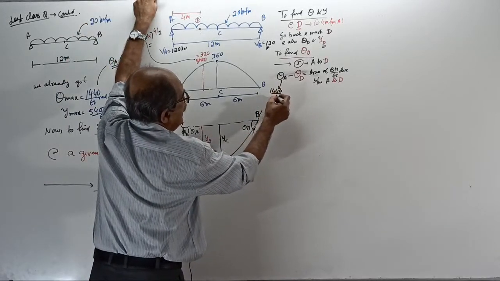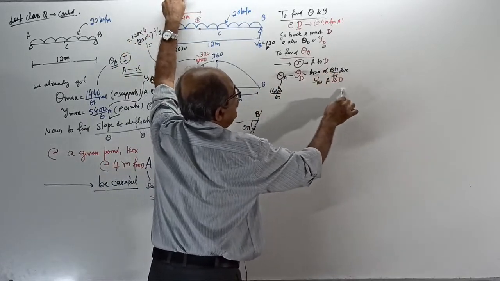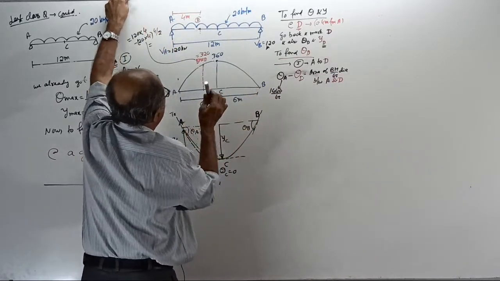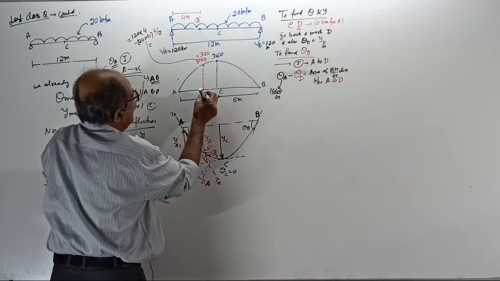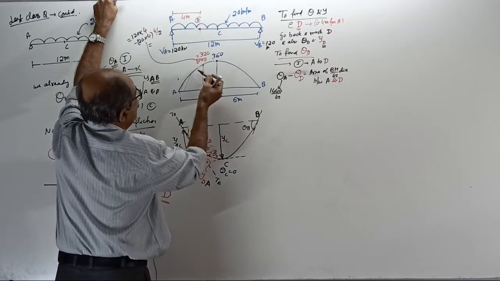1440 by EI. Now, if you want theta D, you want the area of the BM by EI diagram between A and D. See here, A and D. You want this area.